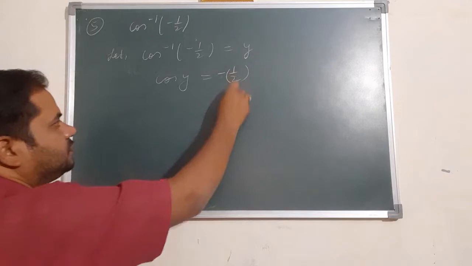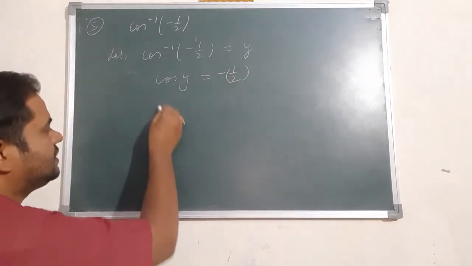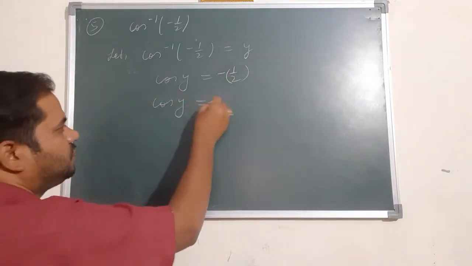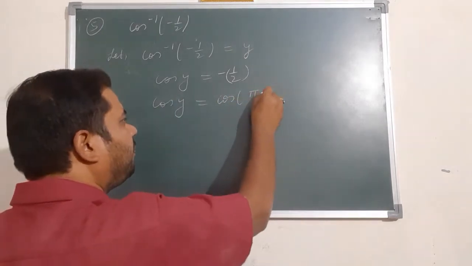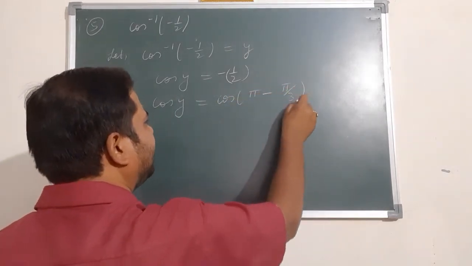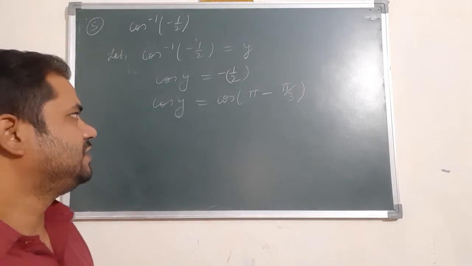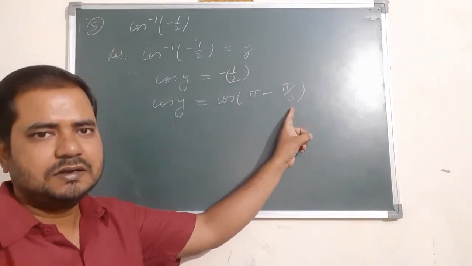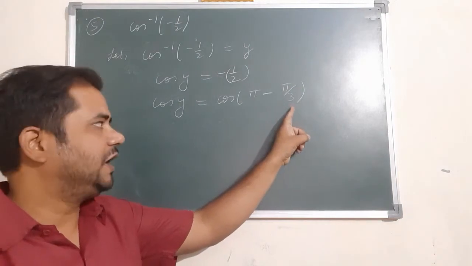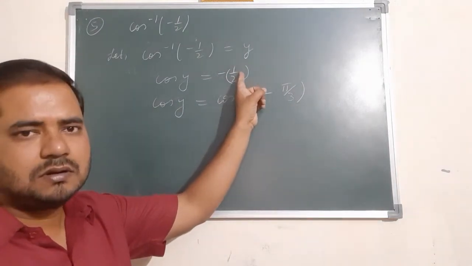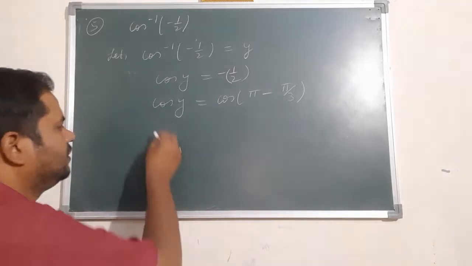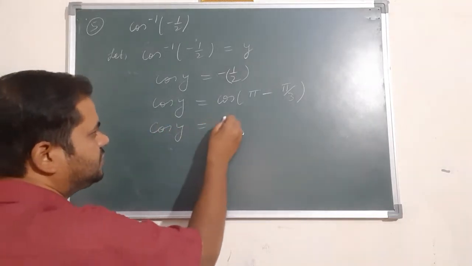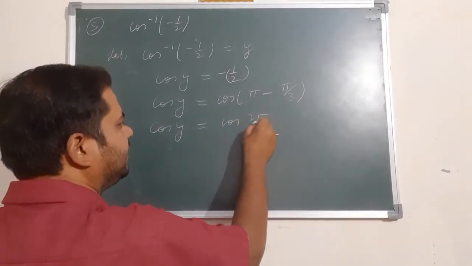So cos y equals cos of pi minus pi by 3. This is minus cos pi by 3. Cos pi by 3 means cos 60, so minus cos 60 is minus 1 by 2. But what we get here is cos y equal to cos of 2 pi by 3.